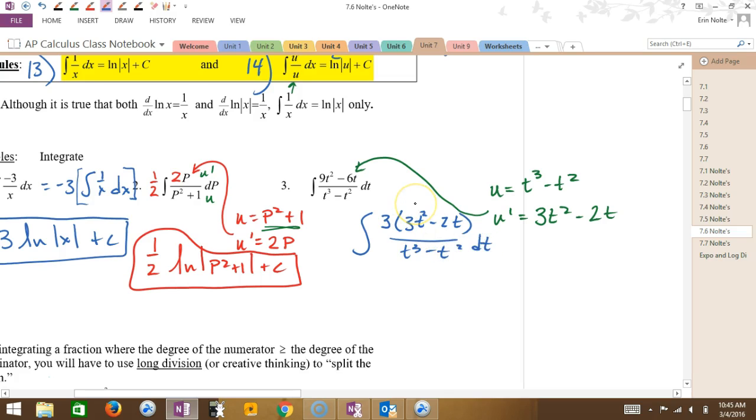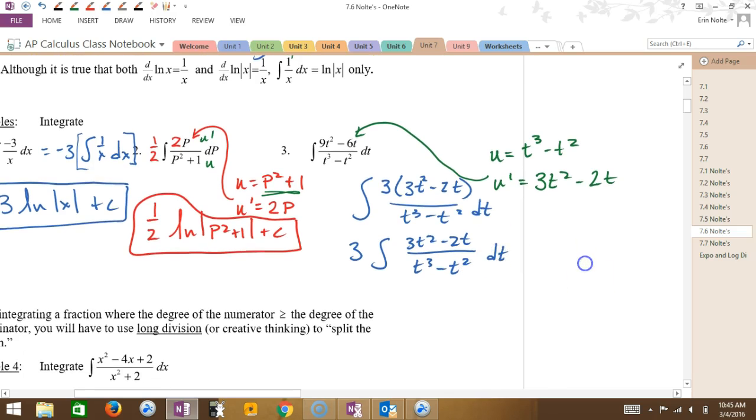And now since I have that 3 in front, I can pull it off just like what I did for question number 1. That's a constant, so I can pull it in front of the integral. And now it's literally my du over my u. So if I integrate that, what does it become?